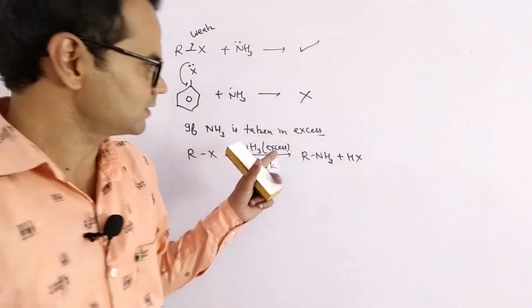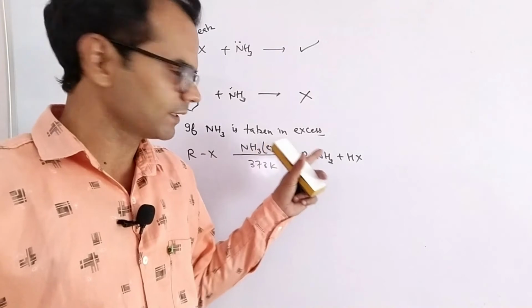If ammonia is taken in excess, then reaction is completed in one step only.